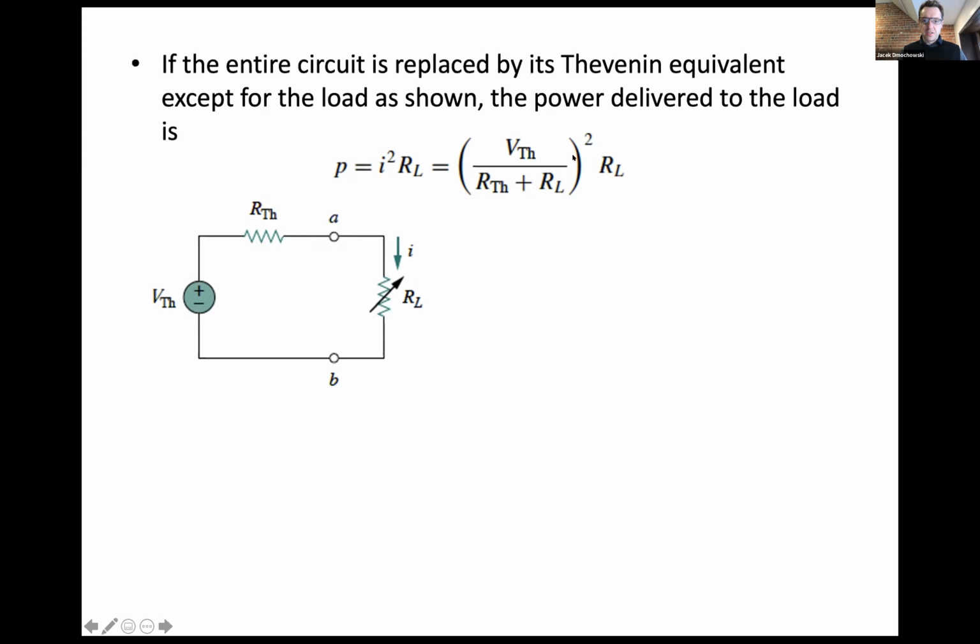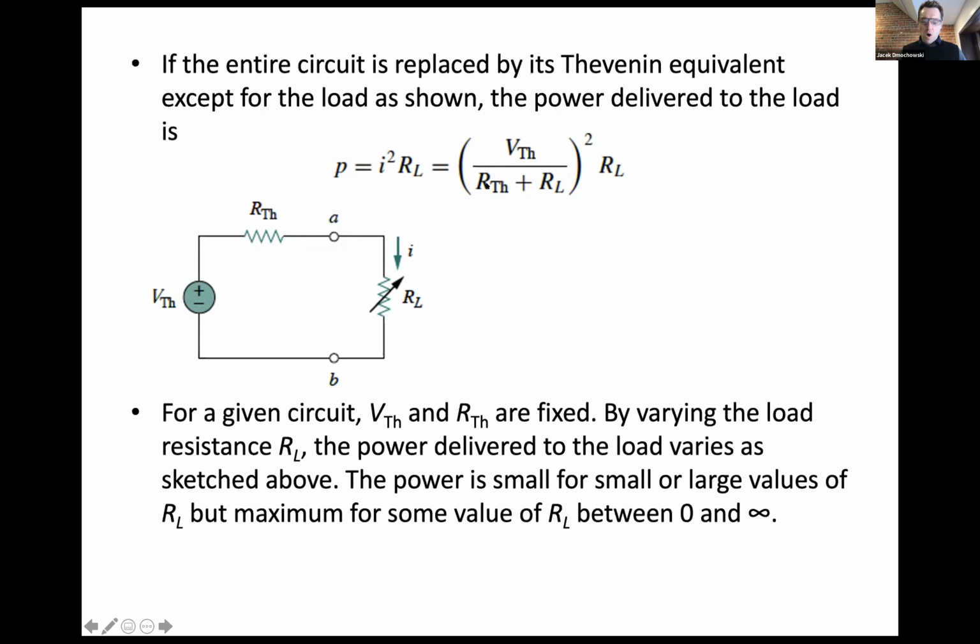So what's inside the parentheses here is just the current that's flowing in the circuit. Another way of viewing it is that it is equal to the current that your device draws from the wall. Square that and multiply it by your device's resistance, and you get an equation for the power that your device receives.